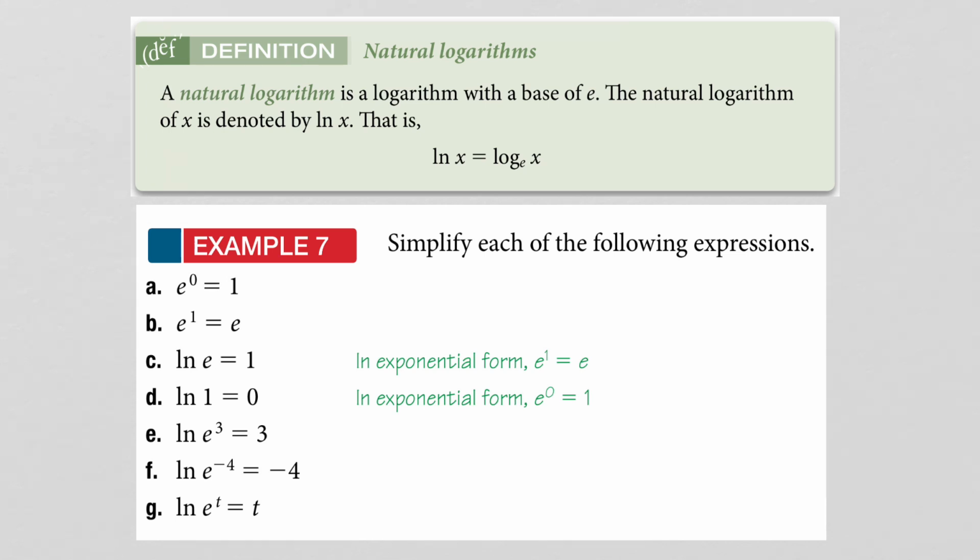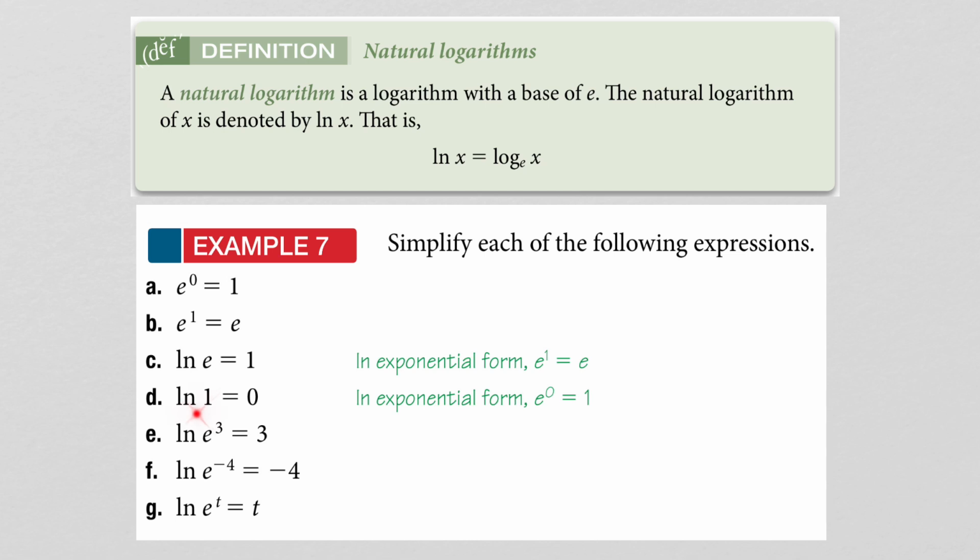Some examples here. We know that e to the 0 is 1 because any number raised to the 0 is 1. We know that e raised to the first power is equal to e. Therefore, the natural log of e would be 1, right? Because the natural log of e asks the question, what is the power of e to get e? And of course, that's the first power.